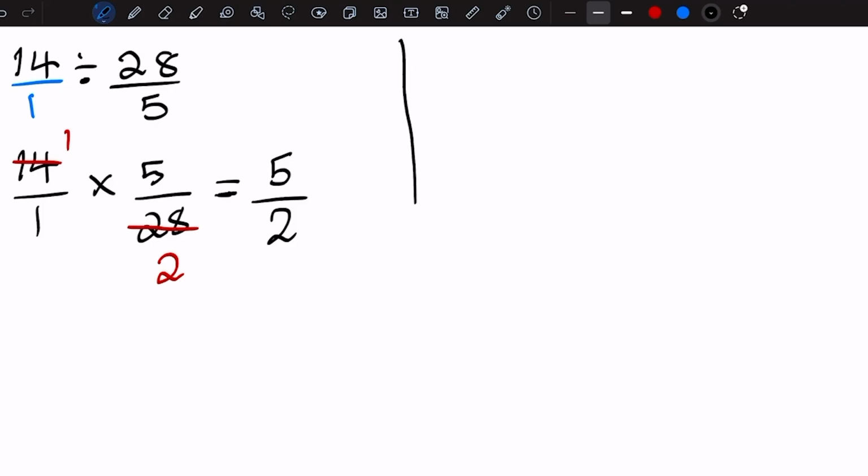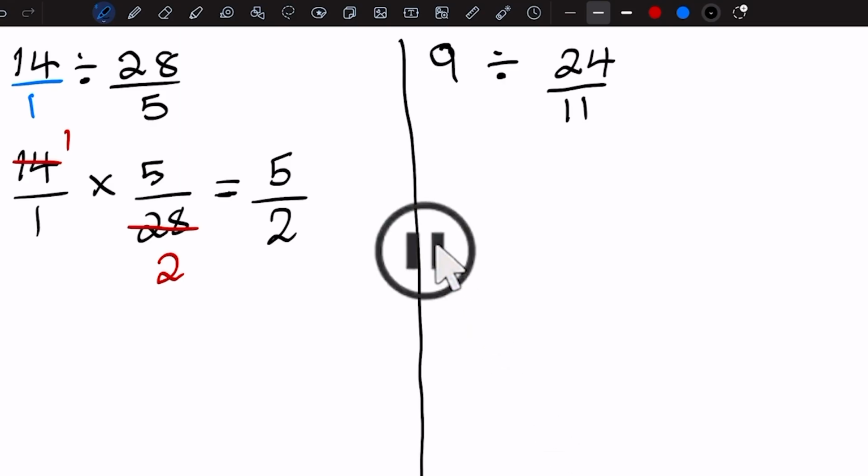Let's look at one more. For this one, just pause the video and try it. We're going to have 9 divided by 24 over 11. Let's pause the video. I'm hoping everybody has their answers.